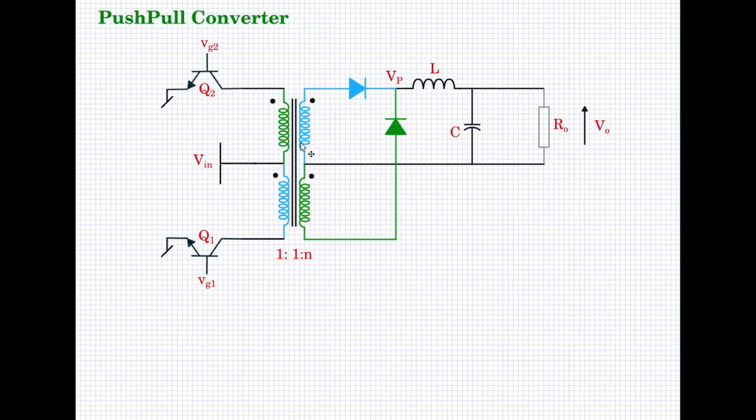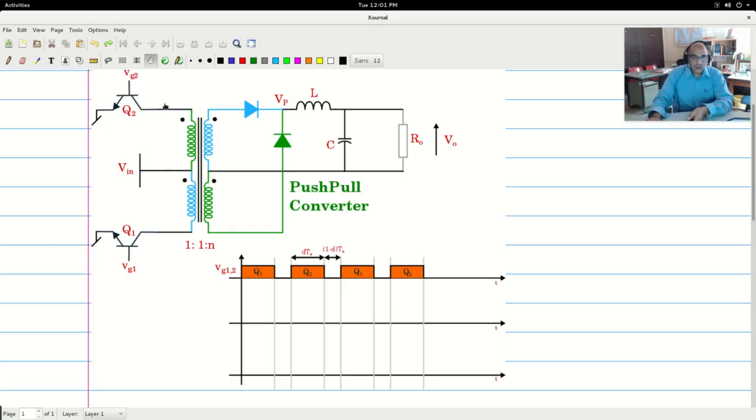So this is called push and pull, basically because of the circuit topology. When Q1 is on, the flux is pushed to one side, and when Q2 is on, the flux is pushed to the other side. So this is the push-pull circuit operation. So you see that this is the push-pull converter that we have discussed.